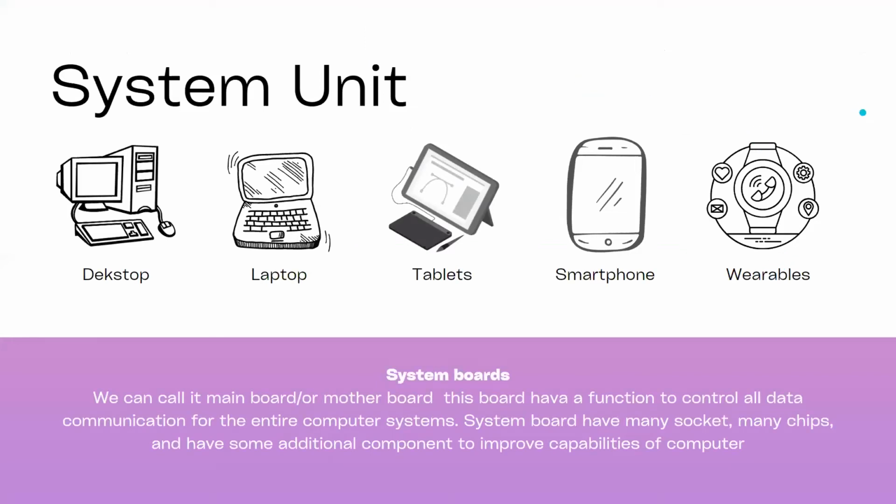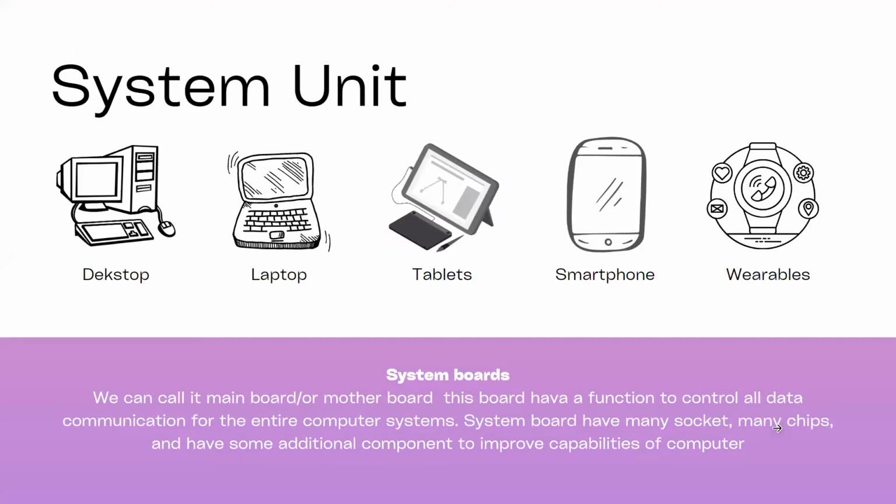If we talk about system units, we have several types like desktops, laptops, tablets, smartphones, and wearable devices. But all devices of many types have similarities, such as the system board.